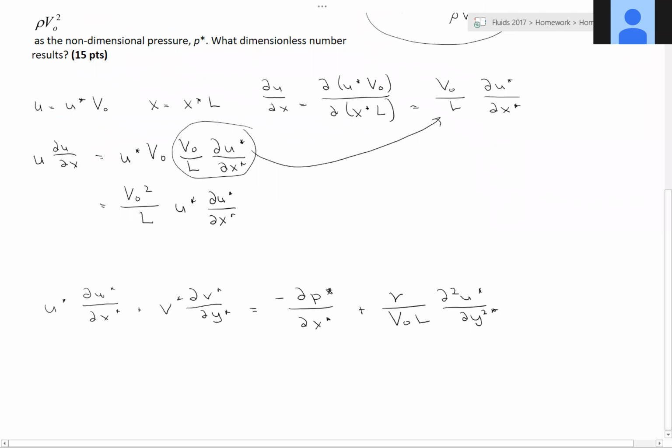So again, if we take a look at this, what is this right here? Not the Reynolds number, but close. No, the entire one. That entire expression, 1 over the Reynolds number, exactly. So this is 1 over the Reynolds number.